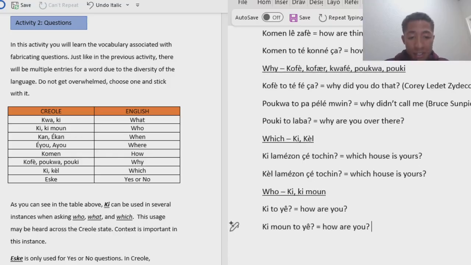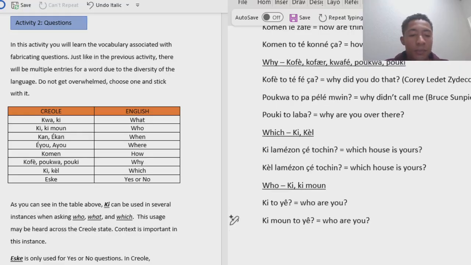Now, kitoye or kimun toye, kimun actually better specifies that you're talking about a specific person, because it translates to which person or what person. Kimun toye. Oh, I did the wrong word. My bad. Who are you? There you go.